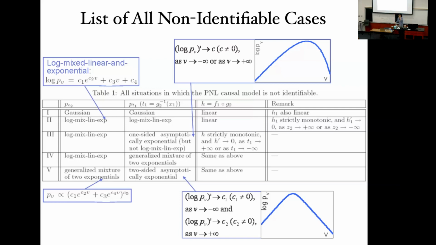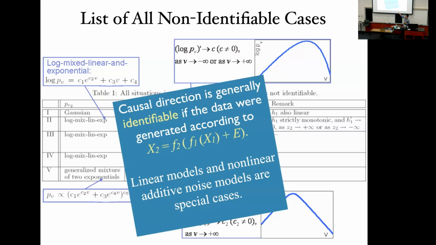In practice, it's not likely for them to follow a specific form. This is interesting because you can really see all those cases in which the causal direction is not identifiable for data generated by this very flexible post-nonlinear model. Only in those 5 situations can you see the symmetry between cause and effect.